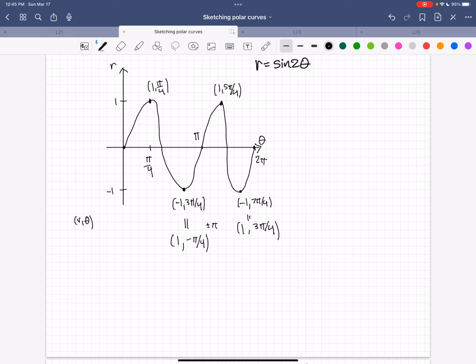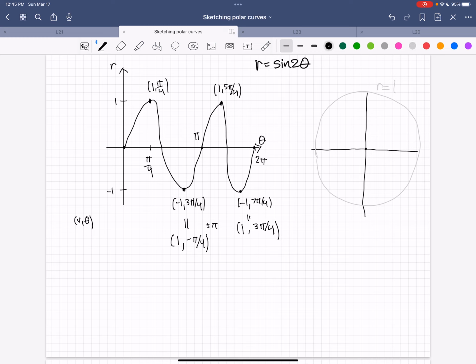Okay, so we can start sketching this out now. We'll see that the radius is never anything greater than 1. So because we don't really have axes in the same way, we can actually sketch out references for different radii. So let's say that this is the radius equal to 1 circle.